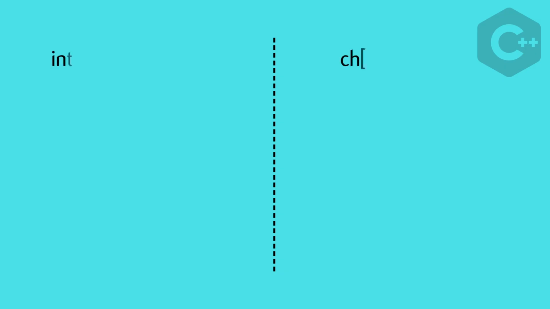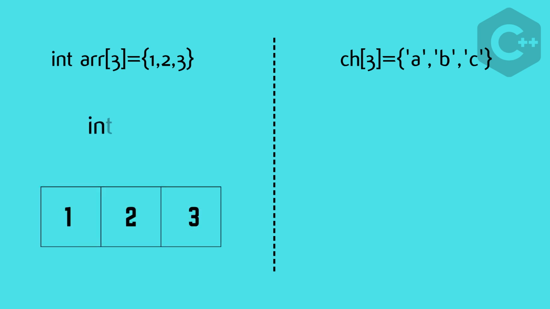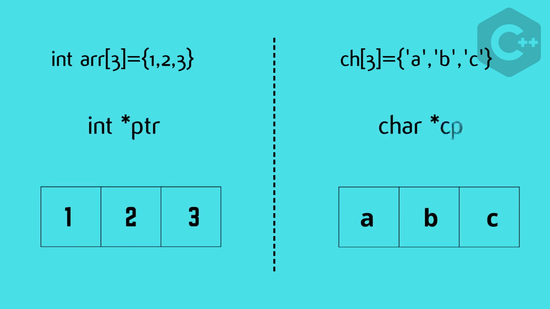If you have a single dimensional array, for example, int arr[3] = {1, 2, 3} or char ch[3] = "abc", and if you create int *ptr and char *cptr, then on incrementing these pointers, they will point to the next location.